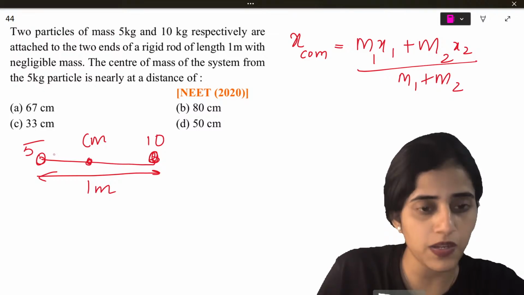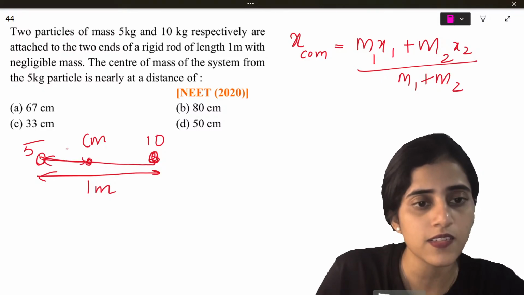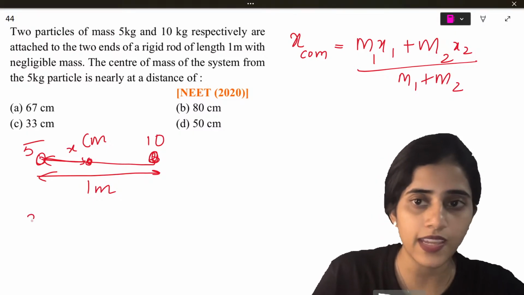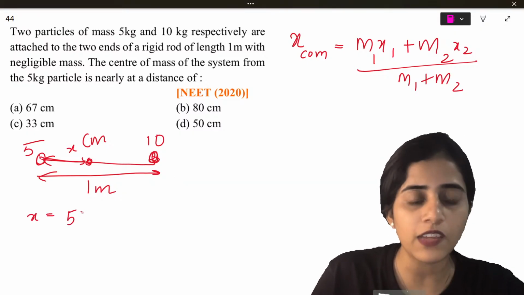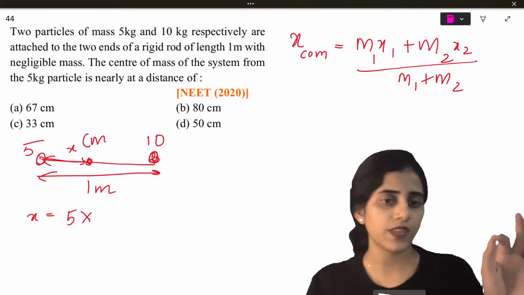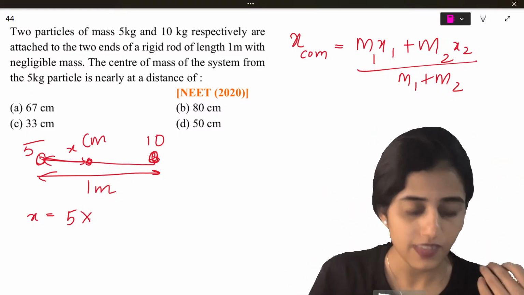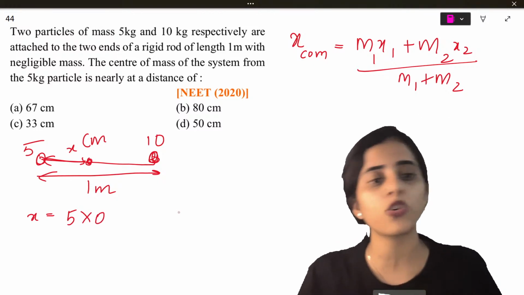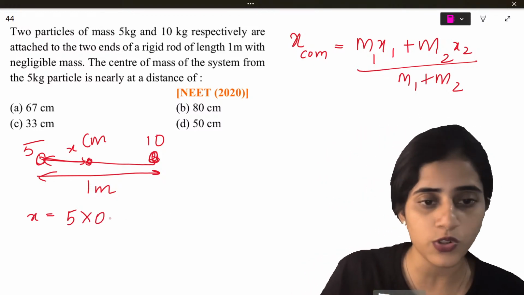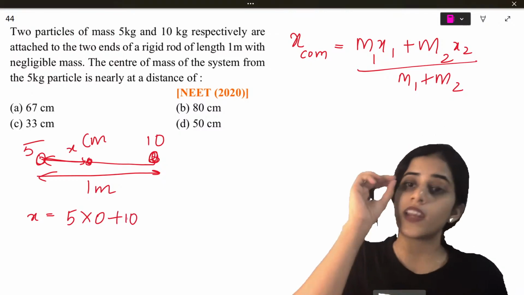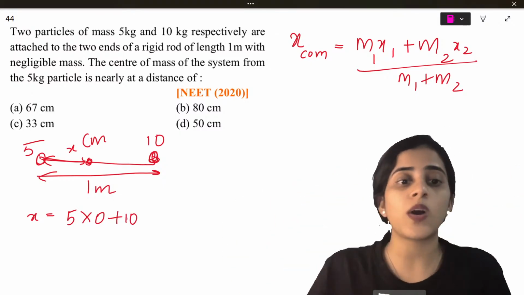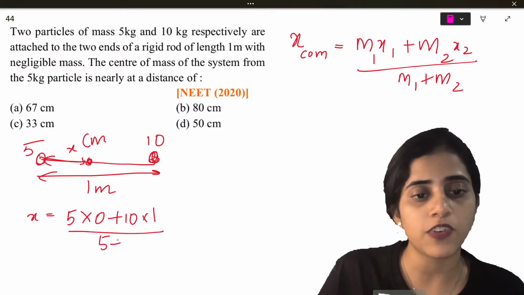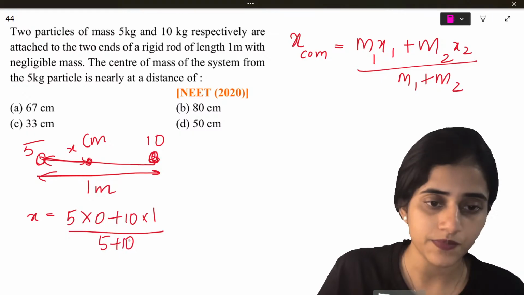This is the center of mass. This distance is x. With respect to mass 5, the distance is 0, it's not going to move anywhere. So x is 5 into 0 plus 10 into 1, whereas 10 with respect to 5 is at a distance of 1 meter, the whole divided by 5 plus 10.